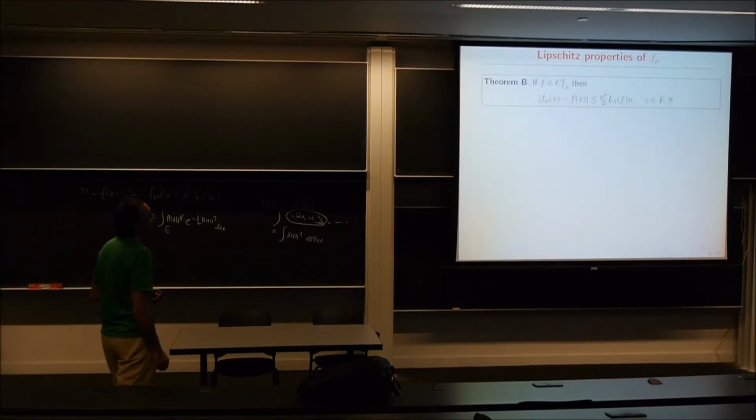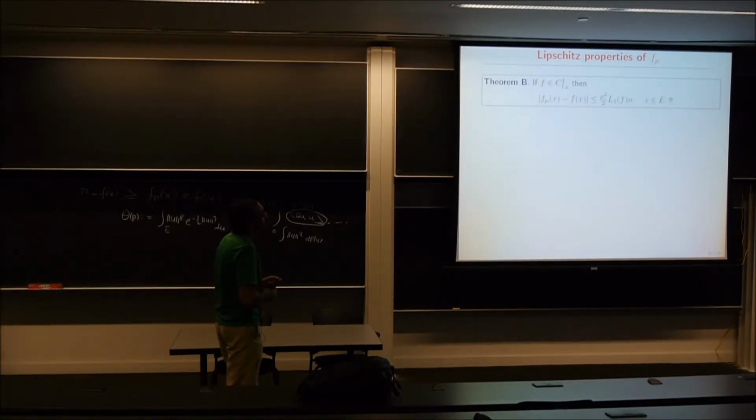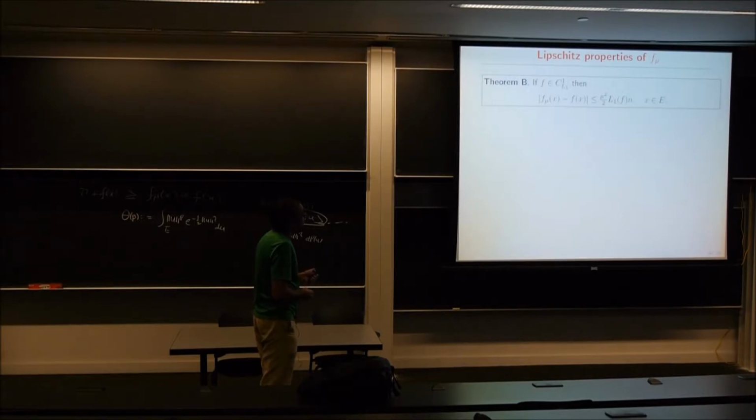So even nicer, if f is actually differentiable, then the smooth version depends on Lipschitz constants of the gradient of f, which might be smaller than the Lipschitz constant of the function, but the dependence on dimensionality increases.